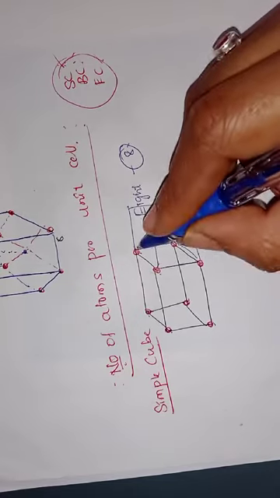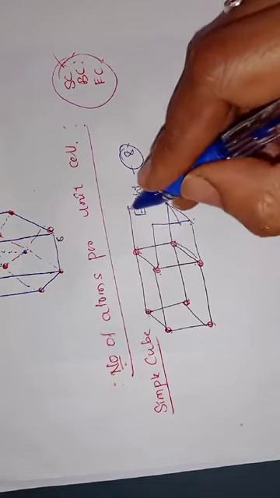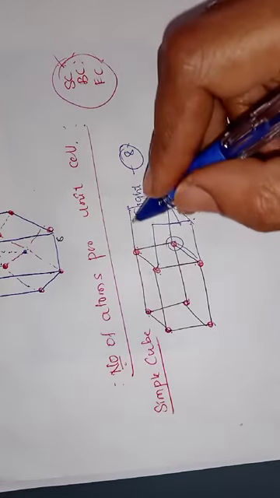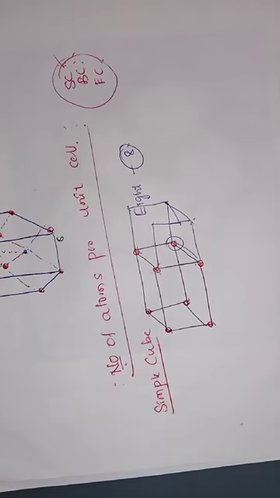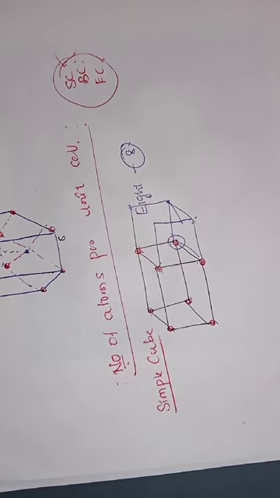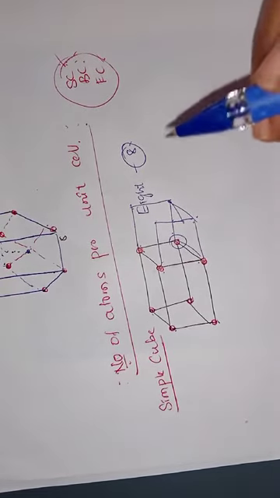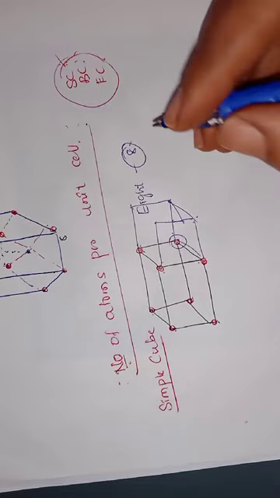So here 1, 2, 3, 4, 5, 6, 7, 8. Again this will be shared by other 8 atoms. The corner atom is shared by 8 surrounding cubes. Then the share of each cube comes to 1/8 of the atom.